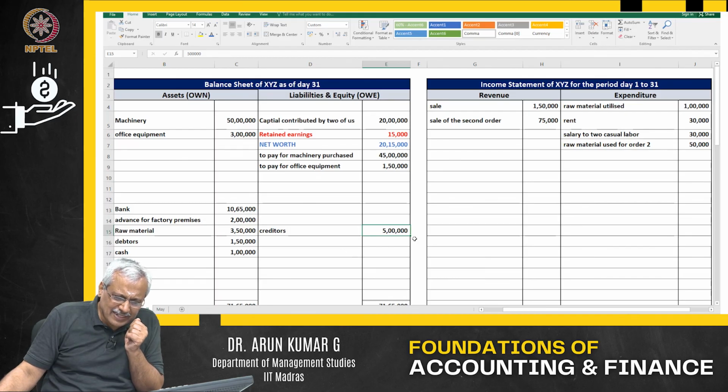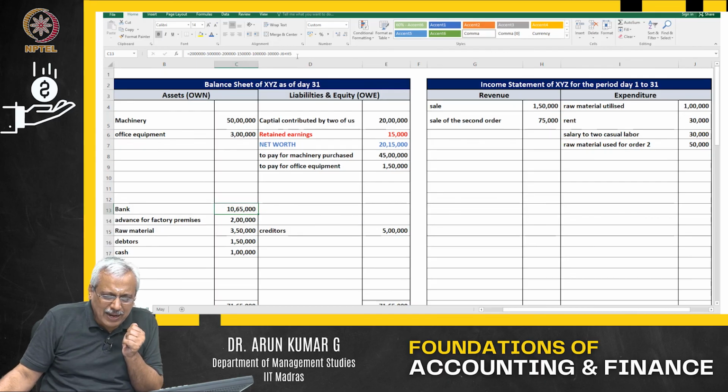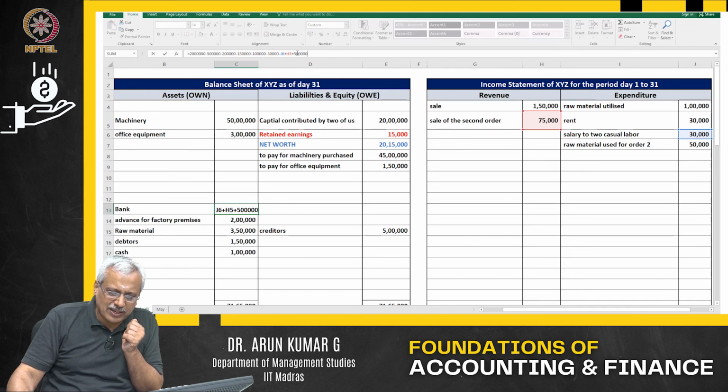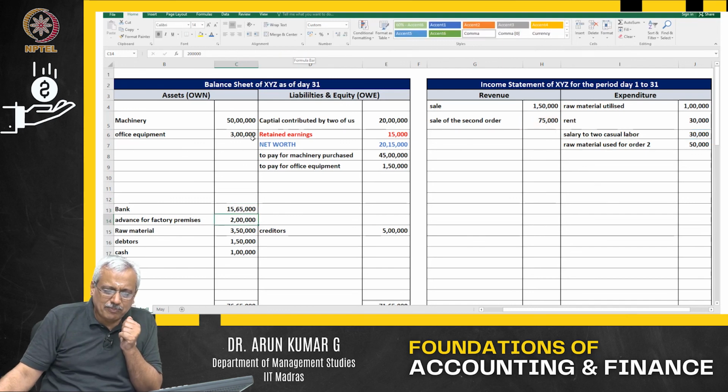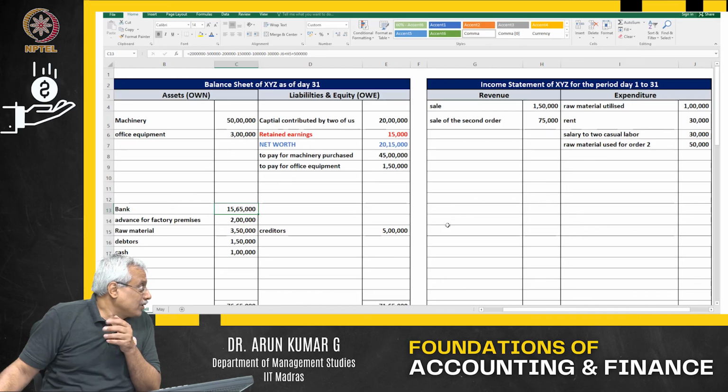So when I pay on the 30-day credit, what happens? My bank balance, which was basically so much, now reduces by 500,000. My bank balance reduces by 500,000 in the process. Corresponding, out of the 4 heads, another head is going to be impacted.